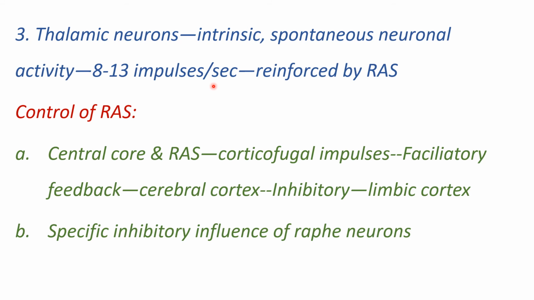So these thalamocortical projections on their own are responsible for alpha rhythm. They keep the cerebral cortex in a partial excited state. But when these impulses are reinforced by the reticular activating system, the intrinsic rate of firing of thalamic neurons is added over or reinforced by the reticular activating system.